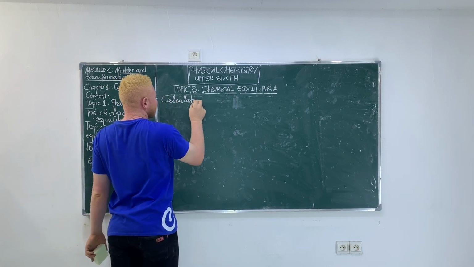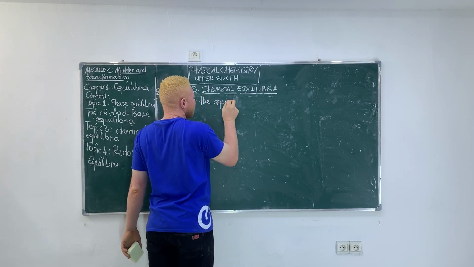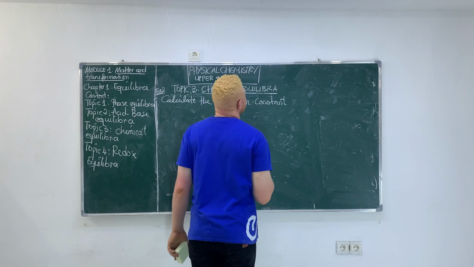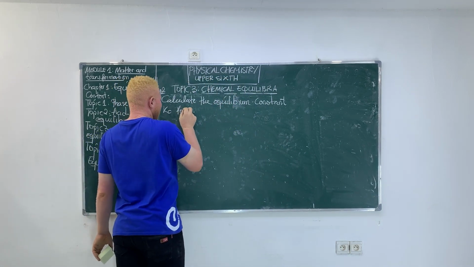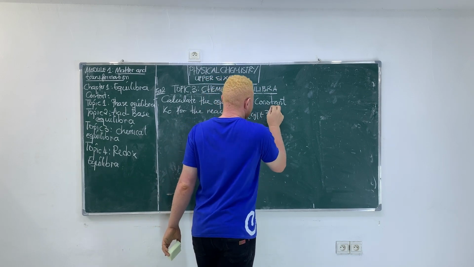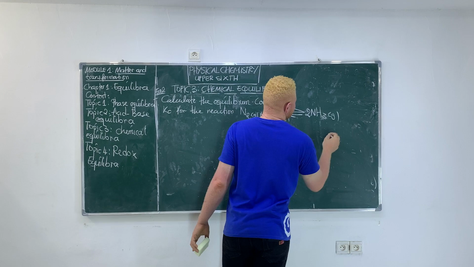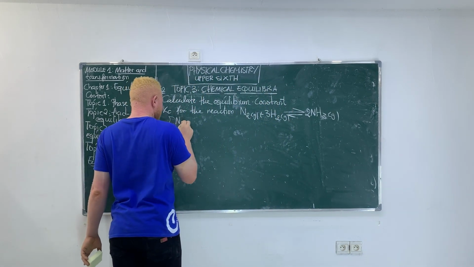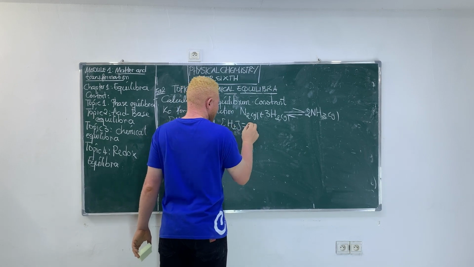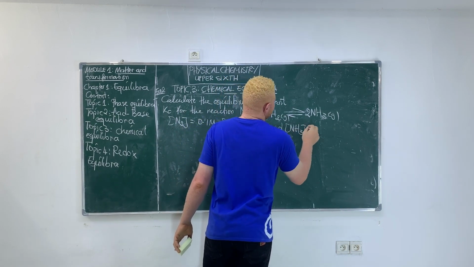Calculate the equilibrium constant Kc for the reaction N2 gas plus 3H2 gas, reversible reaction, giving 2NH3 gas. The concentration of N2 is 0.1 molar, the concentration of H2 is 0.3 molar, and the concentration of NH3 is 0.4 molar.